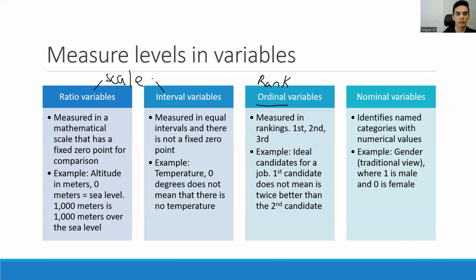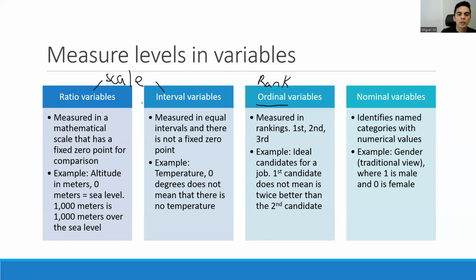Okay, so that's a scale variable because that number tells me that I am twice as old as Jose and I am only 1 year older than Juan. So this is a scale variable when the data gives you information of how much older I am, in this case, or the observation is compared to other observations.